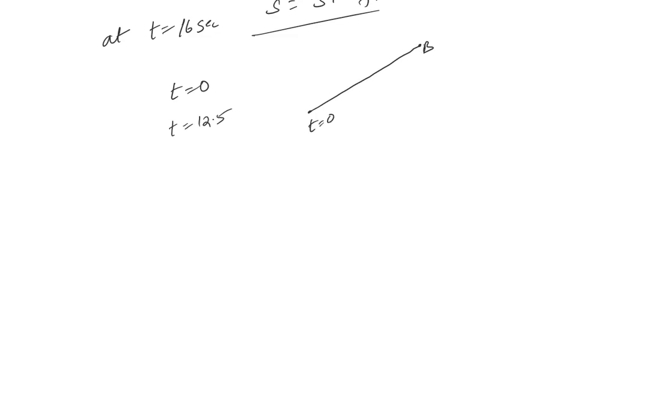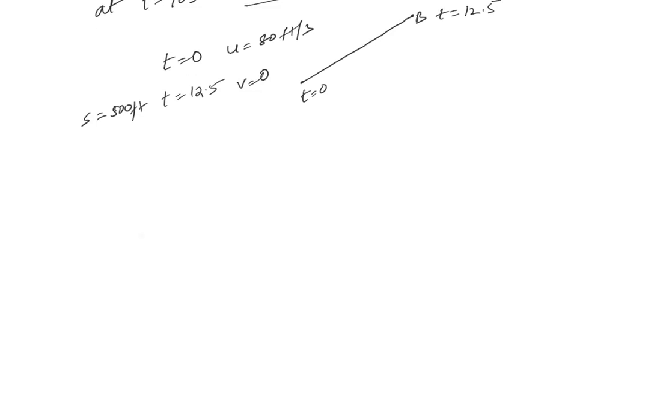At t equal to 0, velocity is 80 feet per second. At t equal to 12.5, the velocity is 0. Okay, and the distance it has covered is equal to 500 feet at this level.